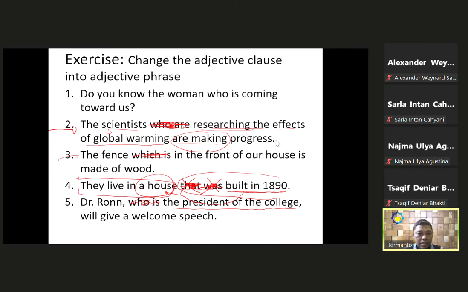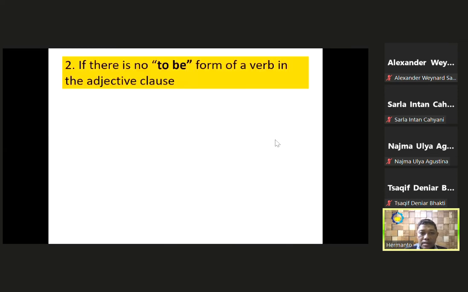Okay, everyone, so these are the problems for the exercise, changing adjective clause to adjective phrase with to be. The next one is if there is no to be form of a verb in the adjective clause.